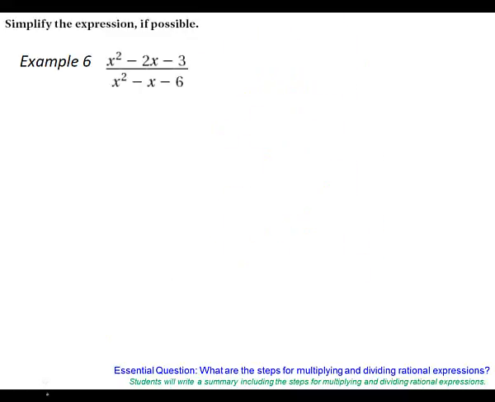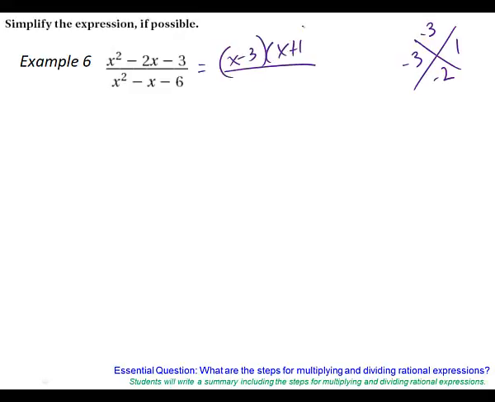Okay. All right, looking at this one, what kind of factoring do we have to do on the top and the bottom? Magic X, good. So two numbers that multiply to -3 and add to -2. -3, 1. Good. So x minus 3 times x plus 1.